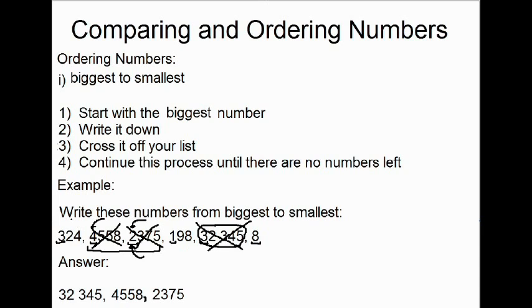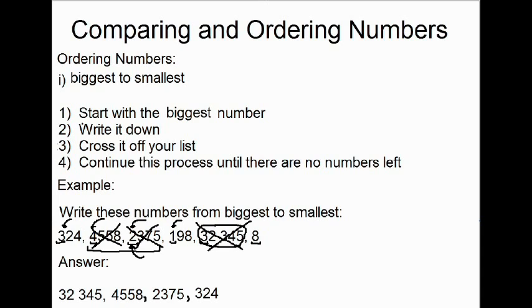Our biggest place value that we have in any of these numbers now is our hundreds. That first number, we've got a 3 in the hundreds place. And the next number that we have with a digit in the hundreds place is 198, and there's a 1 in the hundreds place there. So we know 324 has to be bigger than 198. So 324 must come next.